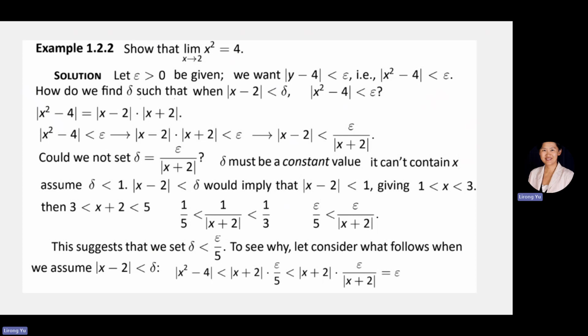Here we have a slight problem, which is this square. We have this issue: are these both positive or not? If epsilon is small enough, we're assuming epsilon is positive and less than 4.